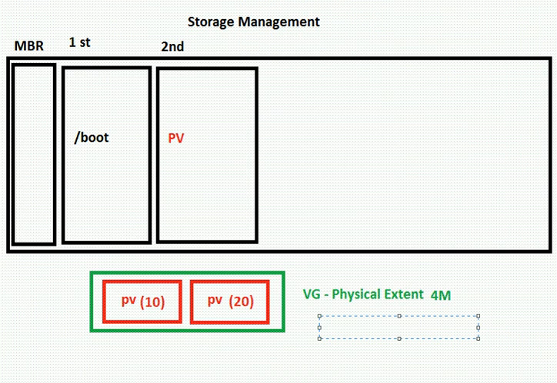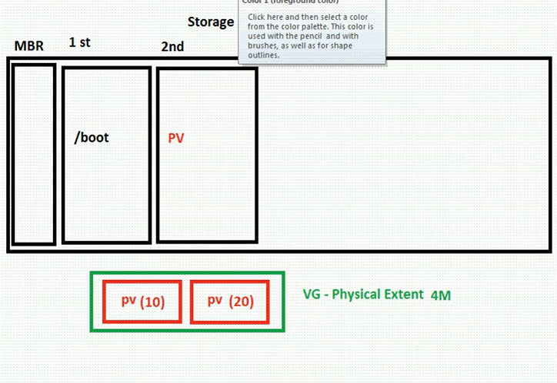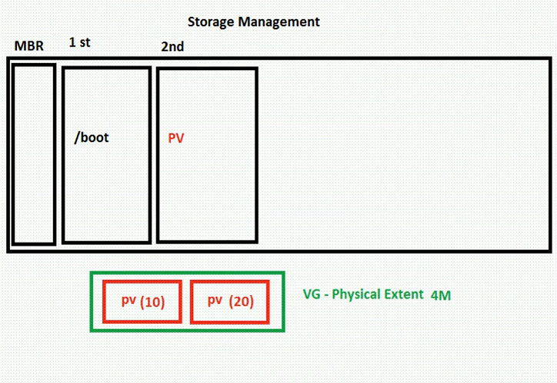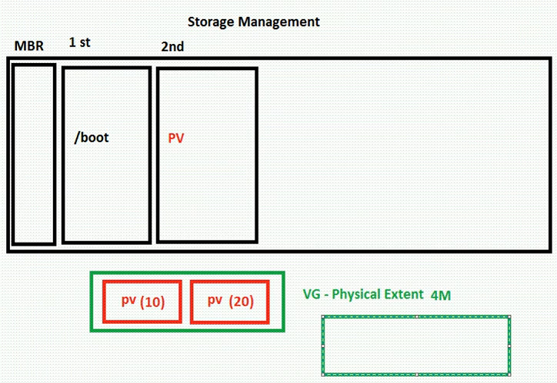Now I'm going to draw a separate diagram right next to this. I'm not showing the PVs in this diagram, but think that this VG is divided into smaller units of 4 megabytes each.